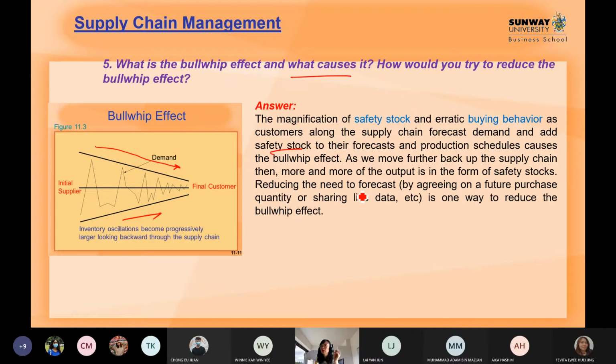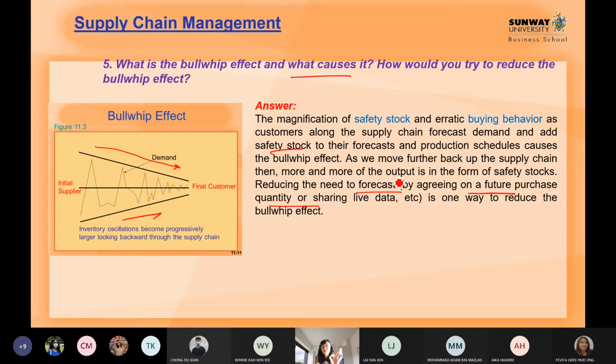Right? So you need to do forecasting by agreeing on the future purchase. You have pre-order. That's why you see most of the new products, before they launch, they do pre-order first. Then only they start manufacturing.